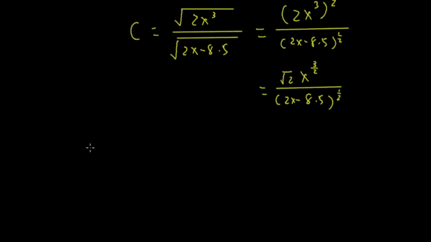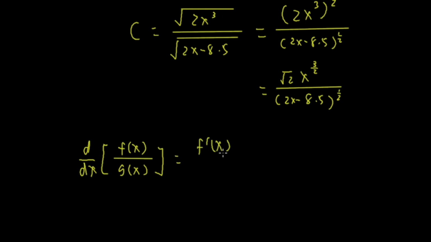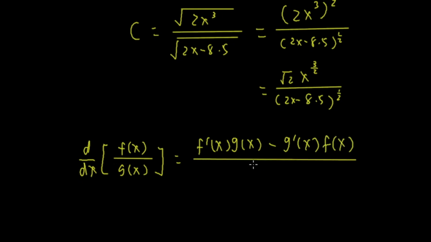Now, let's recall what the quotient rule is. That will be f prime at x times g at x minus g prime at x times f at x, all divided by g at x squared.